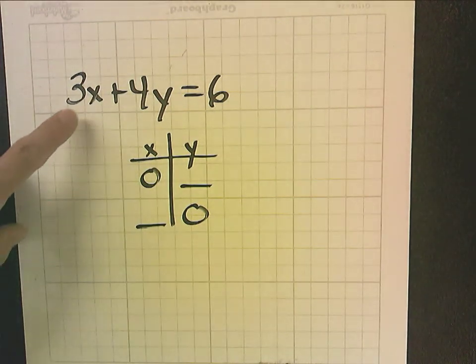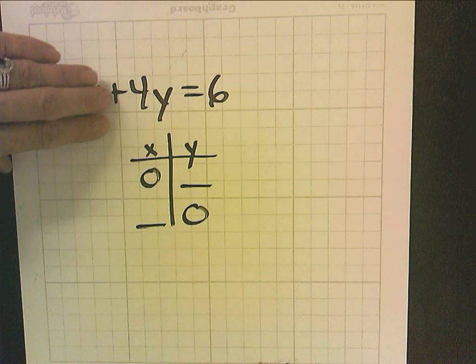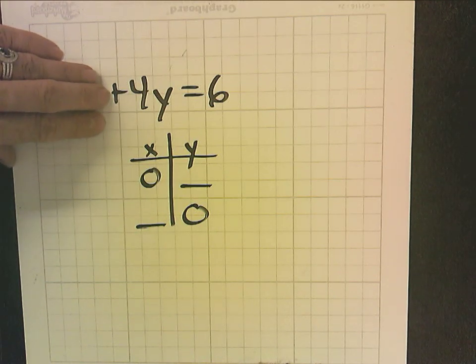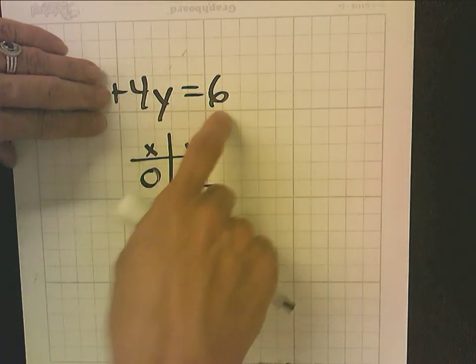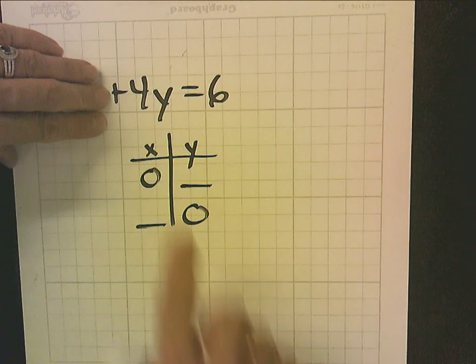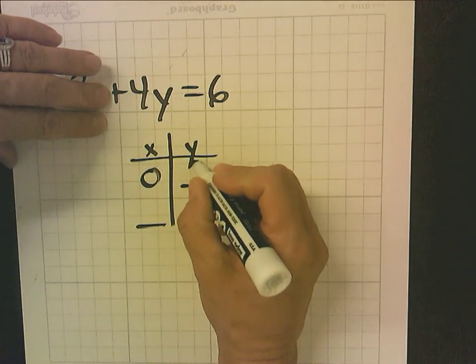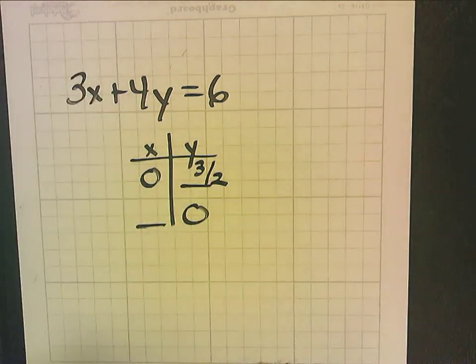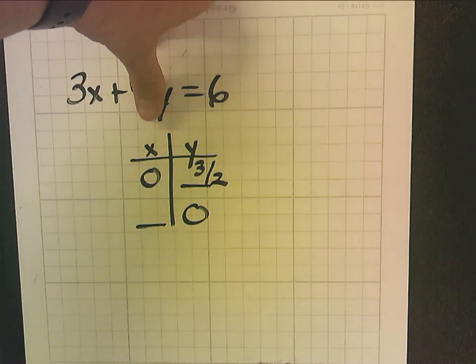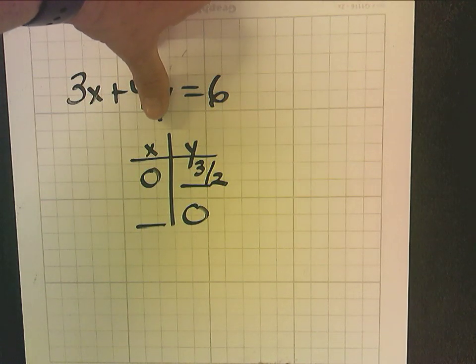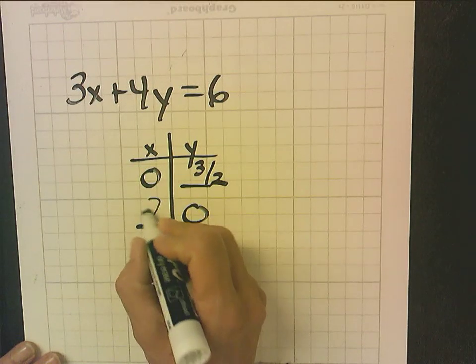I know when I let x equal 0, that whole term goes away. So I'm going to cover up that x term when x equals 0, and for y, 4y equals 6, I can do that mentally. So y equals 6/4, which is 3 halves. Now, when I let y equal 0, that whole term goes away, and I have 3x equals 6, divide both sides by 3, and x equals 2.